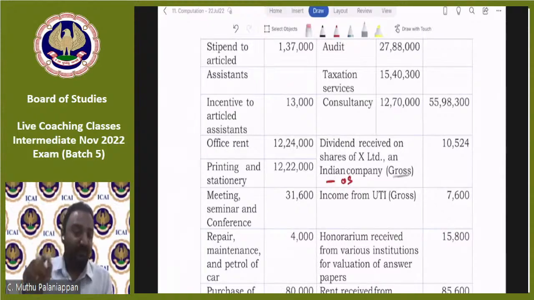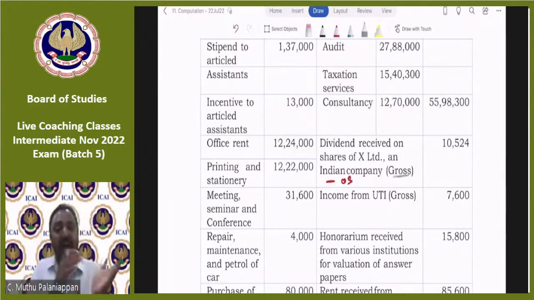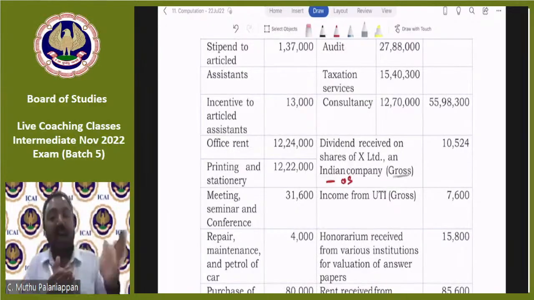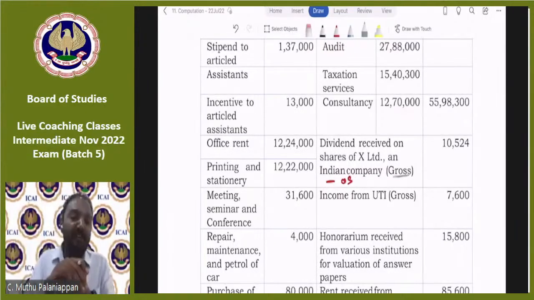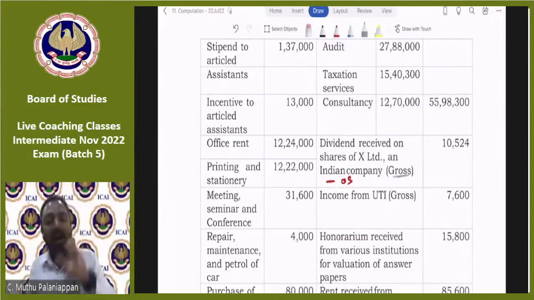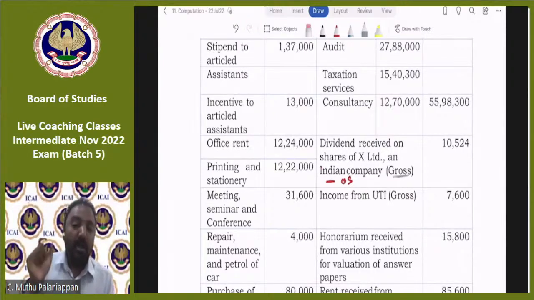Generally, if it is net, it means it is after TDS. So this 10,524 will be after TDS. So you need to gross up, because the income is the gross, not after TDS. It is before TDS. So you need to consider the gross income for dividend. That's the importance and relevance of the word gross.